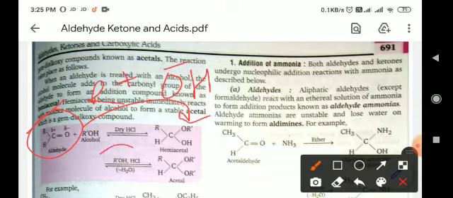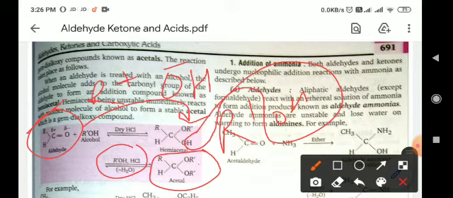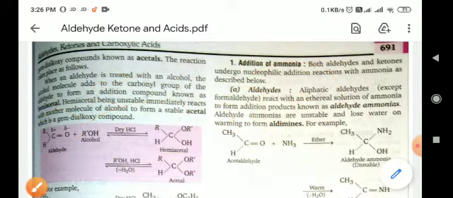After the addition of one more mole of ROH, it is converted into acetal. What happens? With R dash OH, H and OH are released and R goes and forms this OR group. So it is known as the acetal. Other examples are given here.